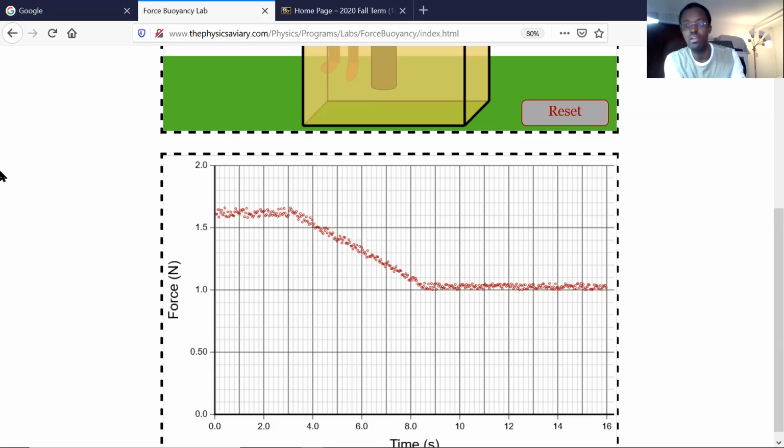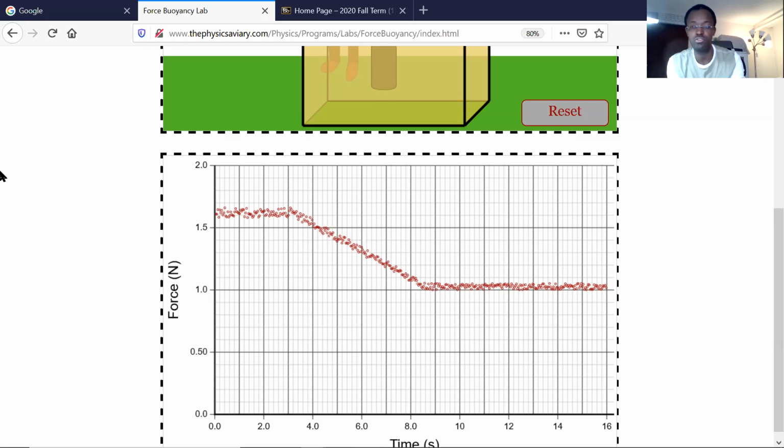And the force in water would be 1 Newton, right? Yes, the apparent weight after 16 seconds is 1 Newton. That's true.